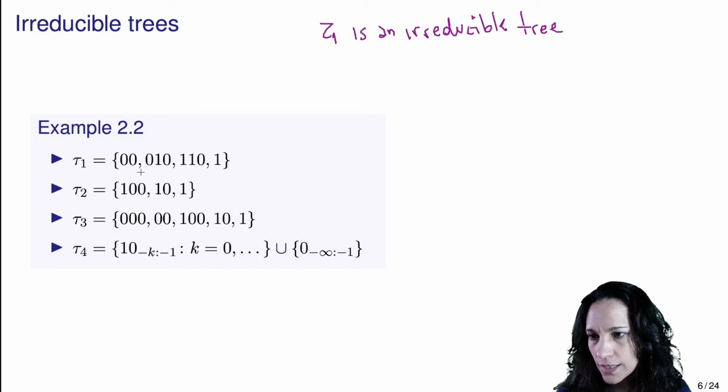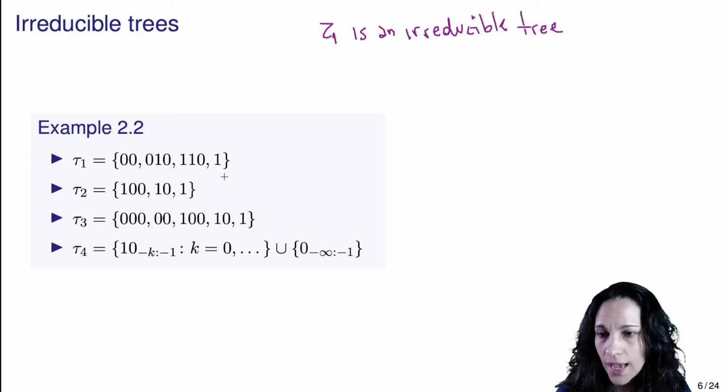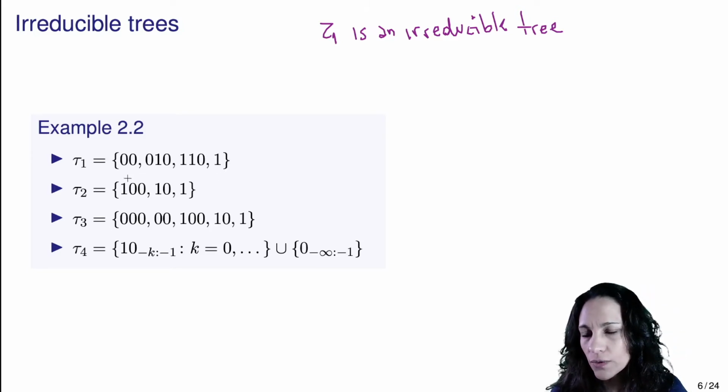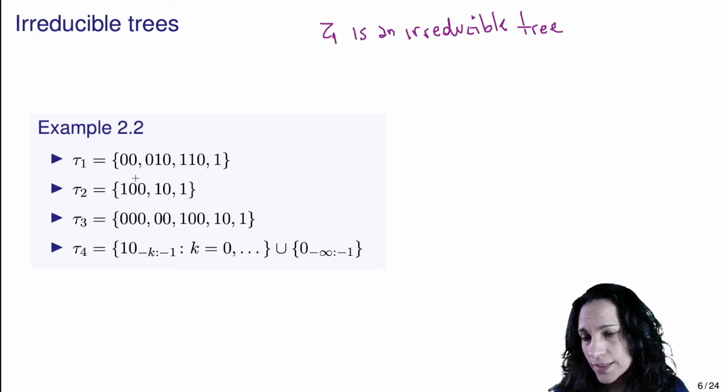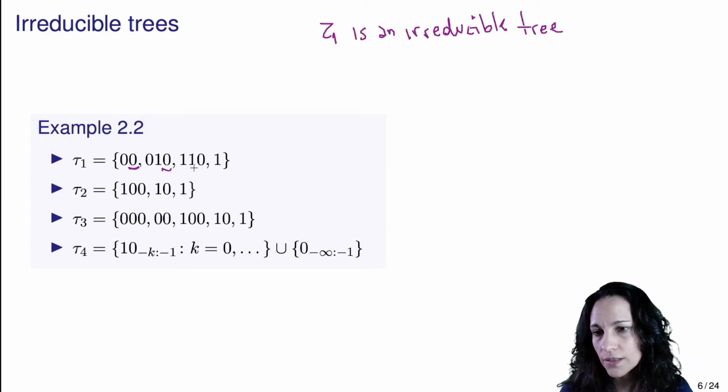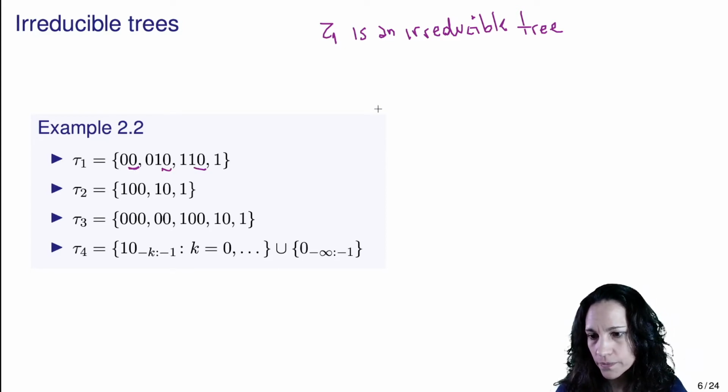You can see this easily, and moreover, no sequence here can be replaced by a suffix without violating the suffix property, because, for example, if we replace 00 with only 0, this violates the suffix property because now 0 is a suffix of this and of this sequence here. So tau1 is an irreducible tree.